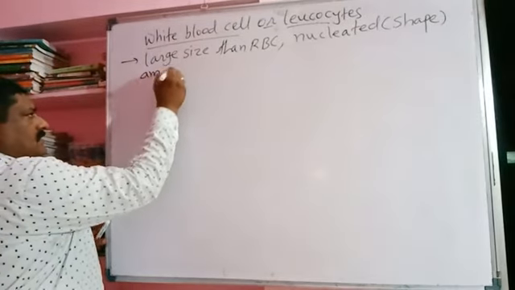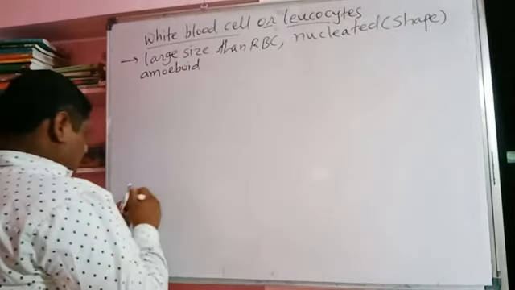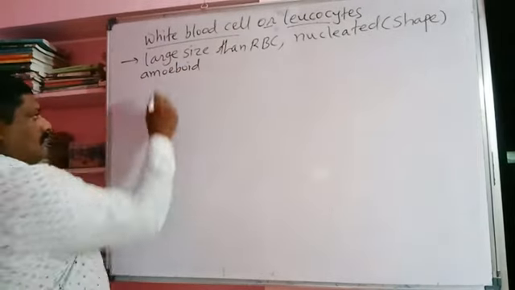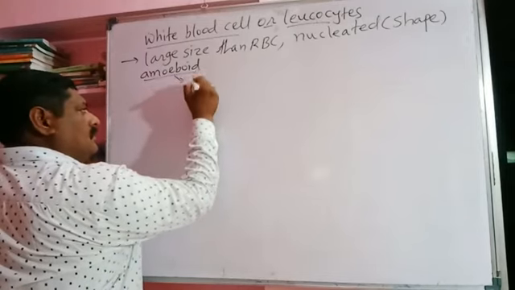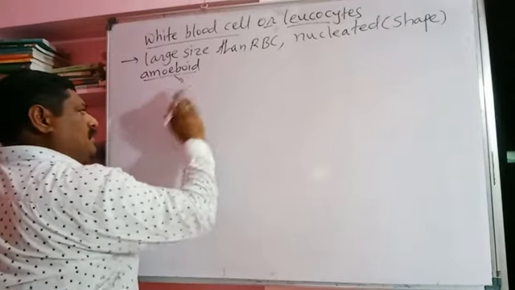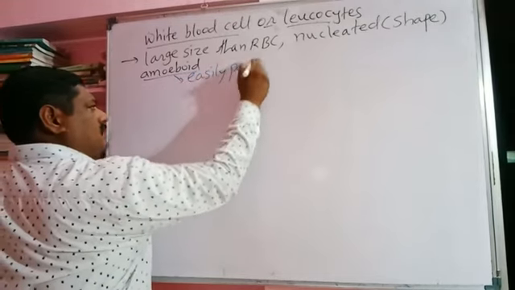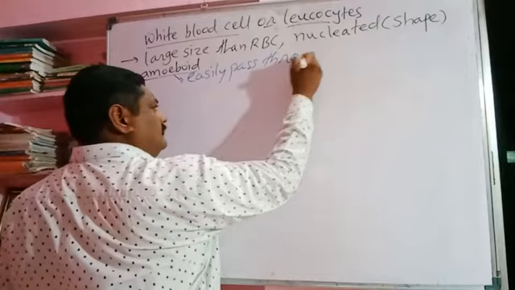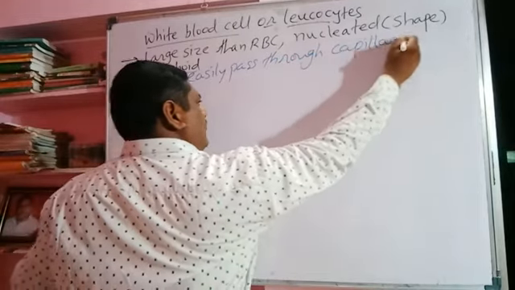These cells are amoeboid, which means they show movement that can easily pass through the capillaries at the site of infection.